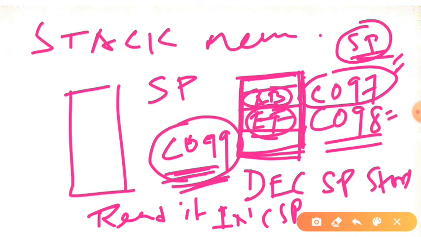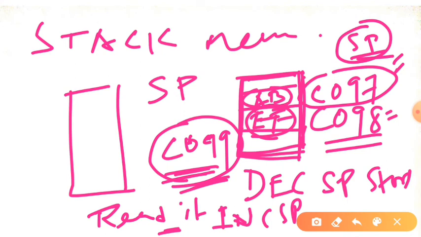If we want to retrieve something from the stack, we first need to read the data stored at the stack pointer address and then increment the stack pointer. This is the convention to use the stack memory.